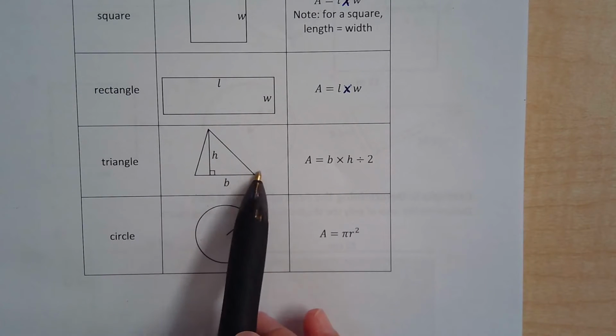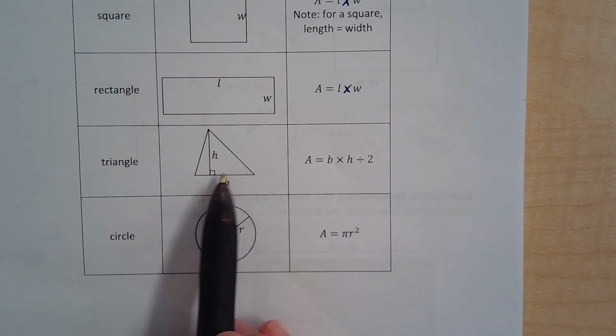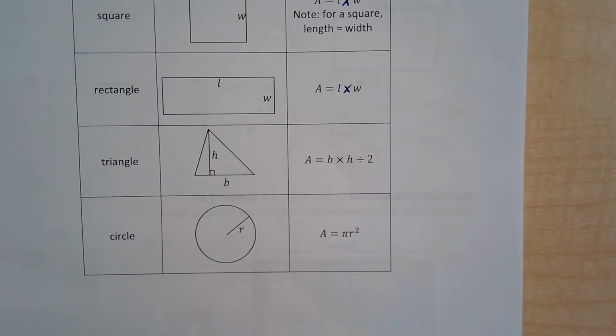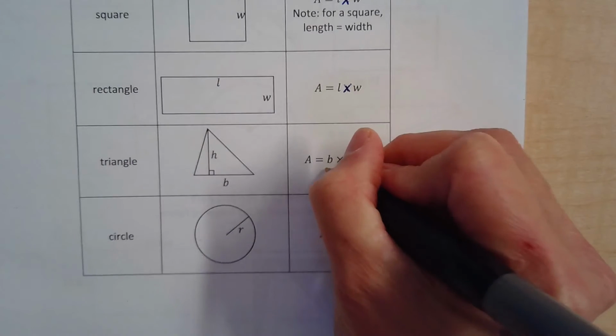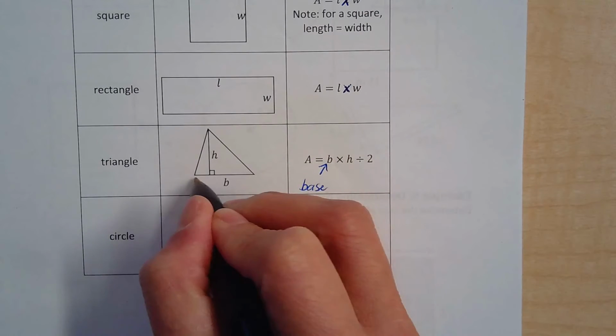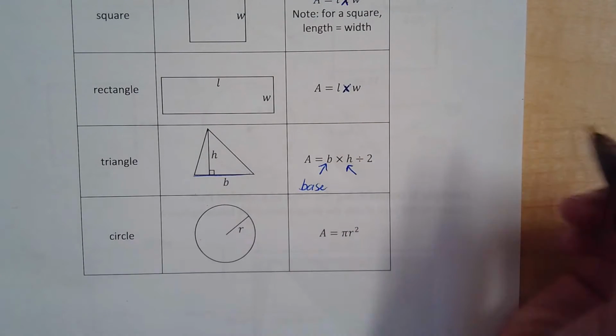Here's a triangle. The triangle is B times H divided by 2. Well, what do you think the B represents? The bottom or the base? The base. And then what do you think the H represents?